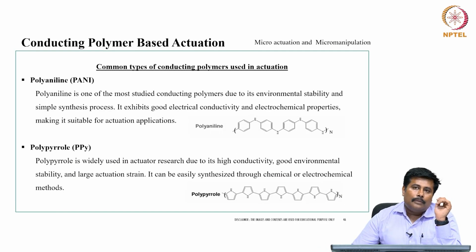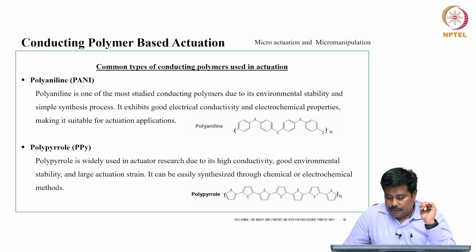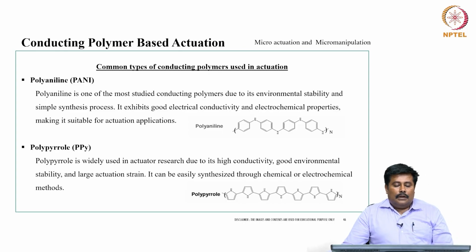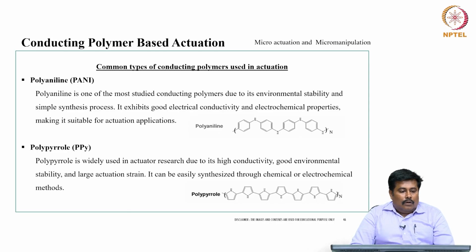When we observe the different types of conducting polymers, commonly there are two types. One is polyaniline, which we call PANI, and the other is polypyrrole. These are some of the key conducting polymers used in microrobotic systems. Polyaniline is one of the most studied conducting polymers due to its environmental stability and simple synthesis process.